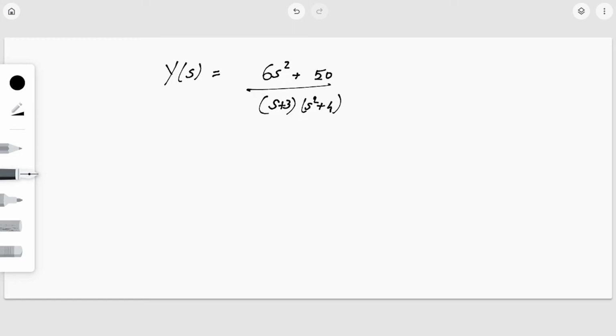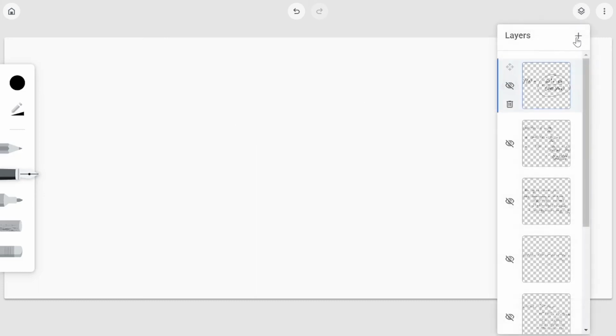Okay, so here, if we have to apply the inverse Laplace transform, we have to transform it into some common or basic form. So for that we have to use the partial fraction method. So let us see how we can do that.